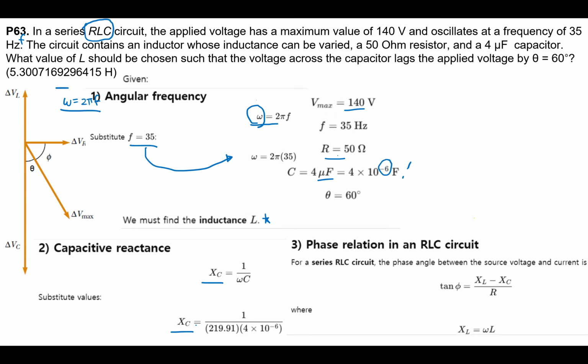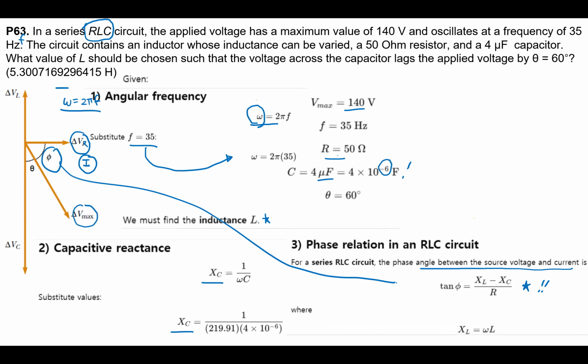The phase relationship in an RLC circuit is that the phase angle between the source voltage and current is given by this relationship. So tangent phi is given by the voltage and the current. Vmax, this is VR, and VR is parallel to the current, so that phi here is given by this one.